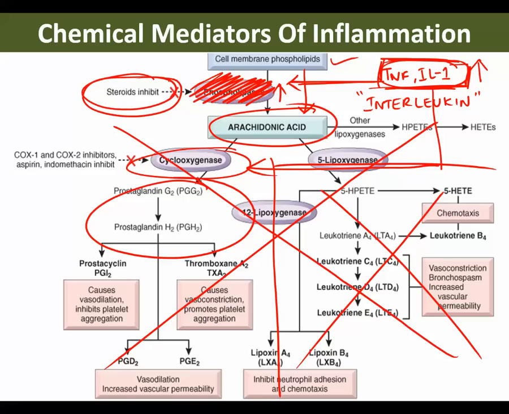Cyclooxygenase is stopped by drugs called aspirin and non-steroidal anti-inflammatory drugs. They block cyclooxygenase, so they reduce the fever and the pain. We have two types of cyclooxygenase, COX-1 and COX-2, and you should read it because it is very important.